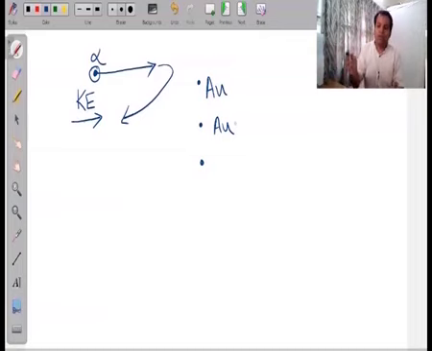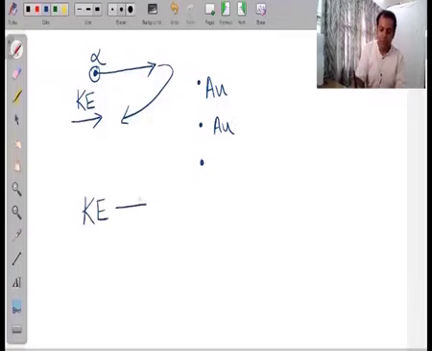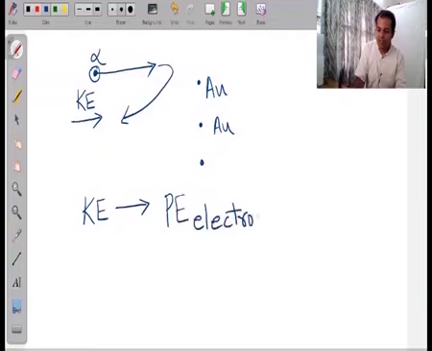When the alpha particle comes very close, there is a lot of electrostatic interaction between the alpha particle and the gold nucleus. And the kinetic energy is converted to that interaction potential energy. So we will be equating the kinetic energy to the potential energy of electrostatic interaction.